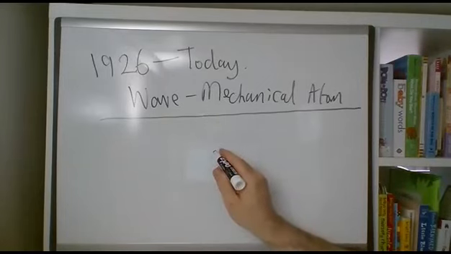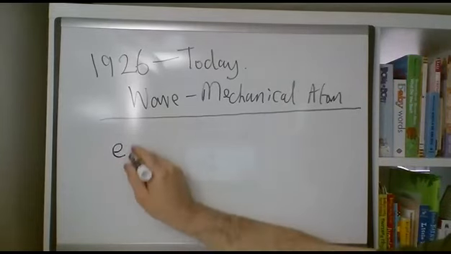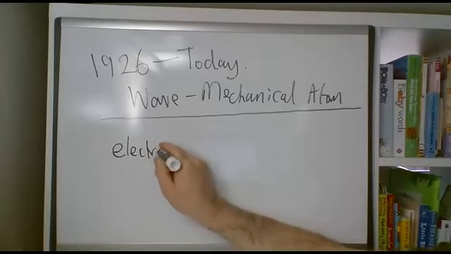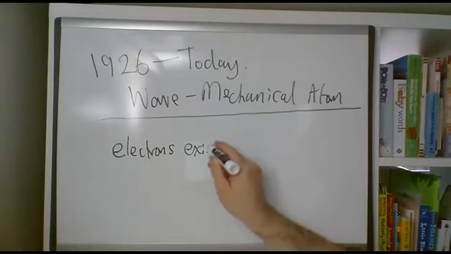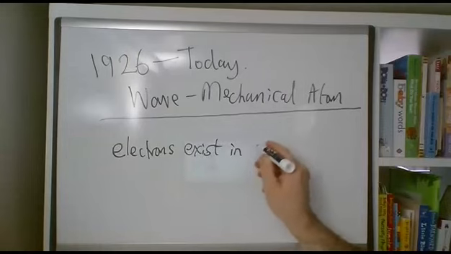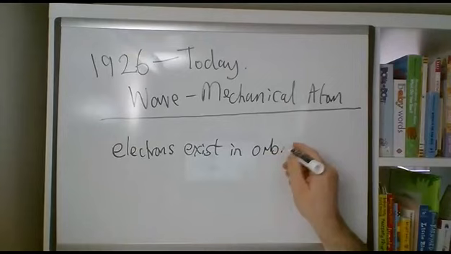So basically, we know that electrons exist not in orbits, but orbitals.